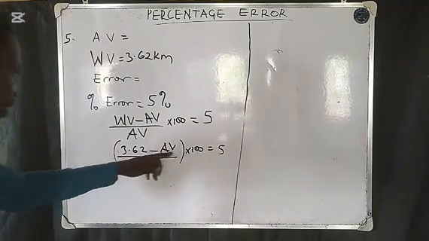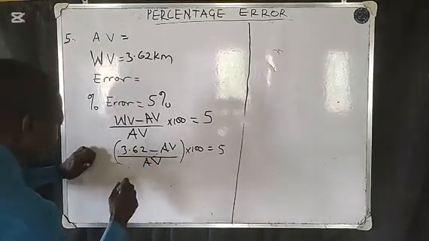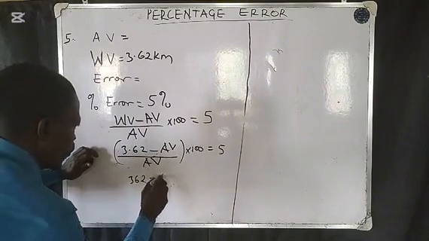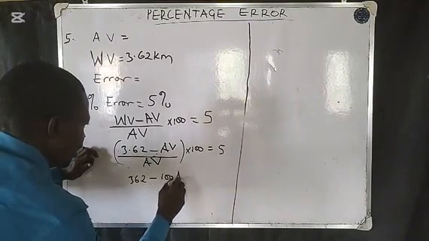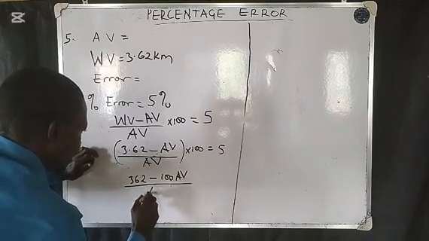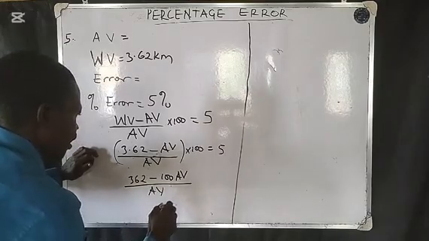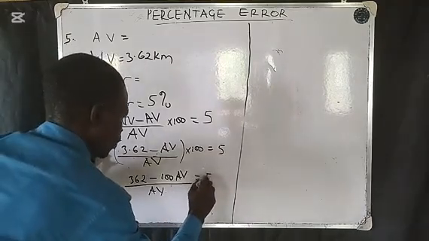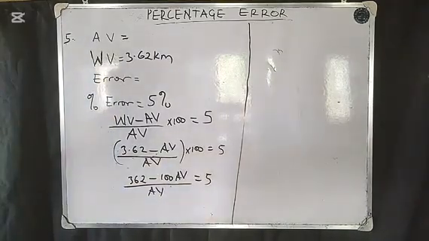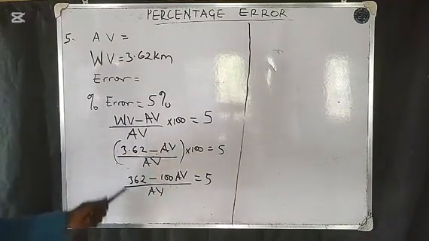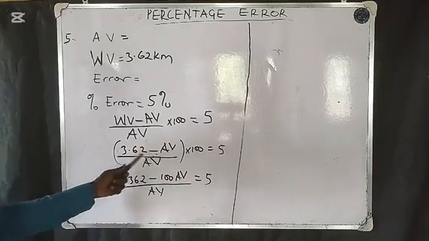Okay, when we multiply everything now, 100 times this one will give us 362 minus 100 AV over AV. We have multiplied this one, right? So we are done with that one. Equal to 5. You cannot just say 100 times AV alone, because this is a unit.